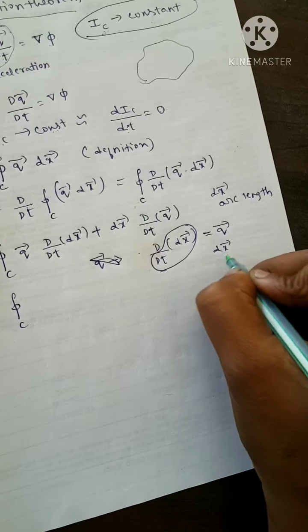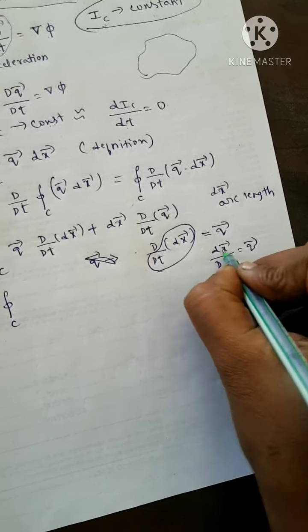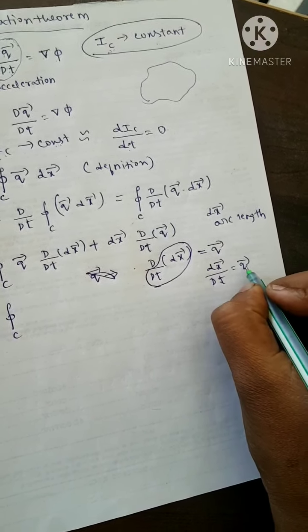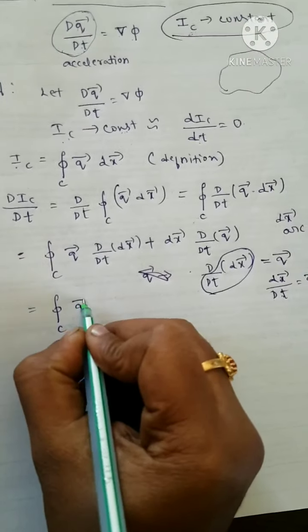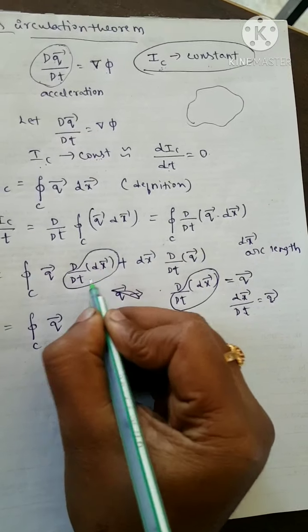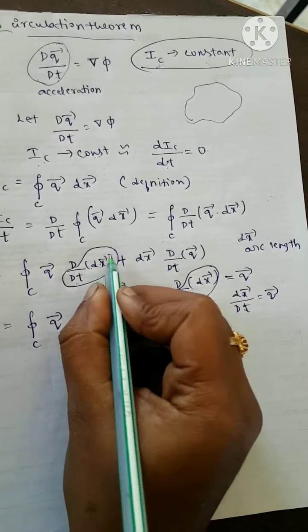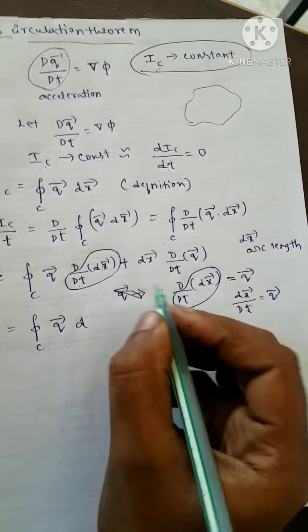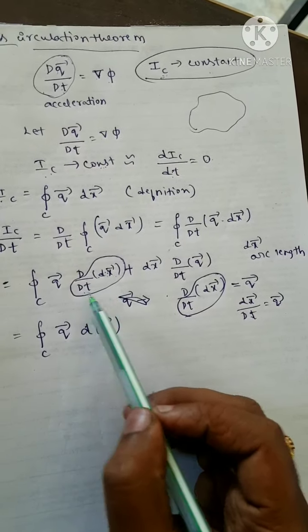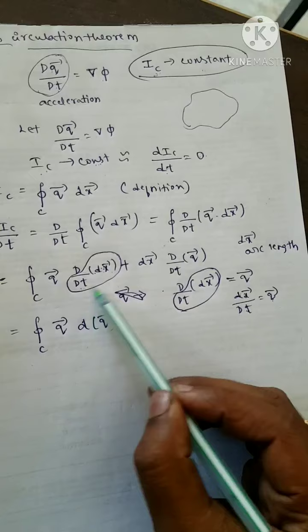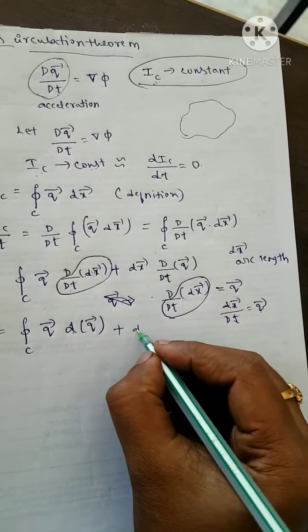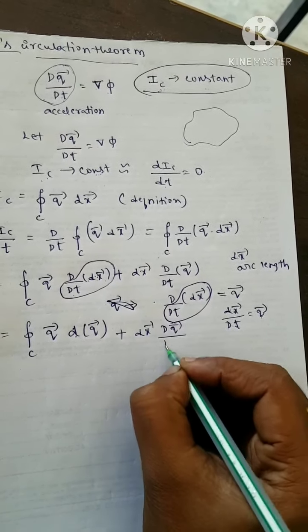Because x is the displacement vector, and the rate of change of displacement is velocity, the velocity vector q. So let me replace dx/dt with q, and retain the other derivative as it is, plus dq/dt.